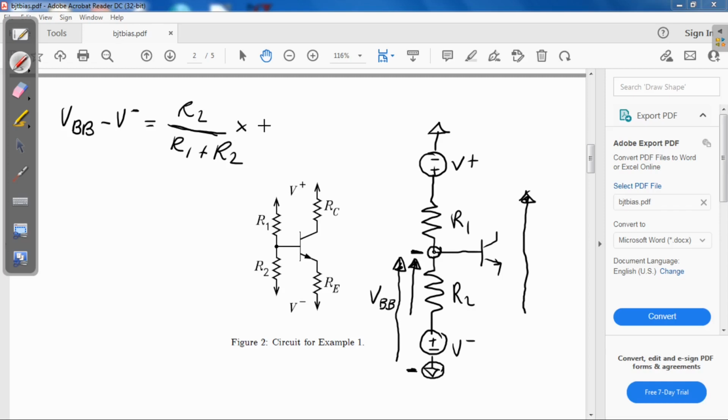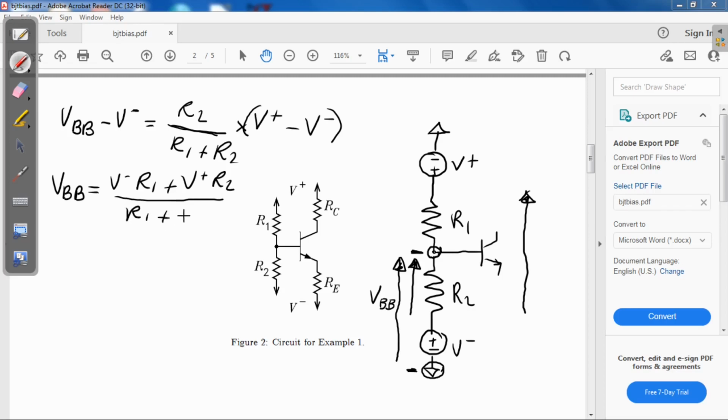So this voltage is what? It's V plus minus V minus. Okay, so now if you bring V minus on the other side, you get VBB equal V minus R1 plus V plus R2 divided by R1 plus R2.